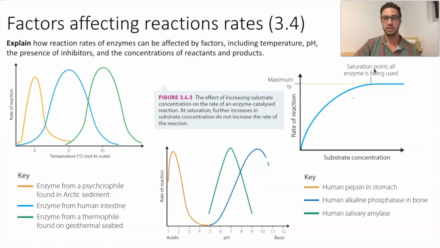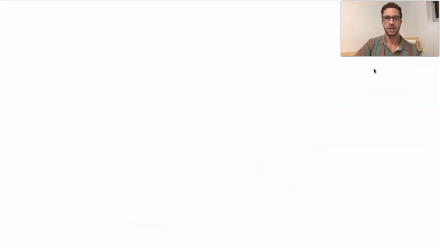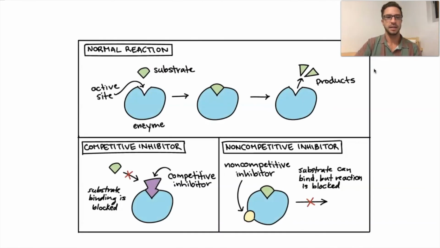Regulating when we don't want a reaction to take place comes in with inhibitors. So there are two types of inhibitors, and basically they will stop an enzyme from doing its job. We can have a negative scenario and a positive scenario.